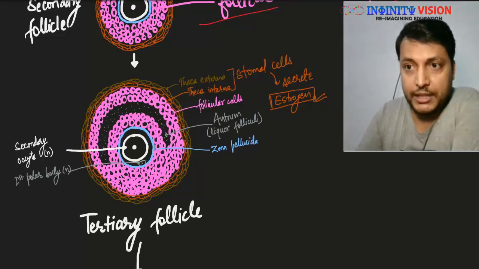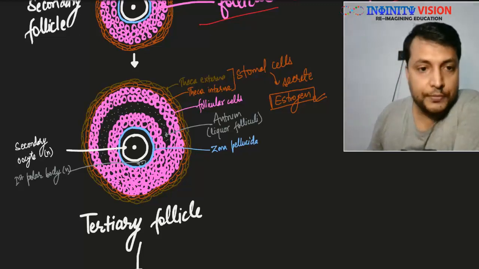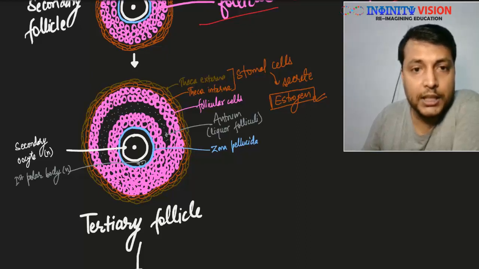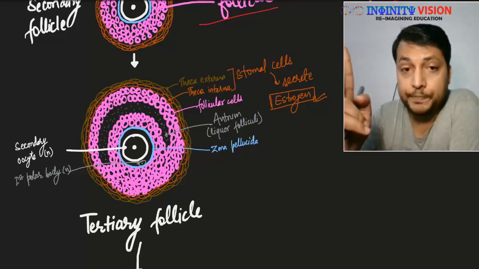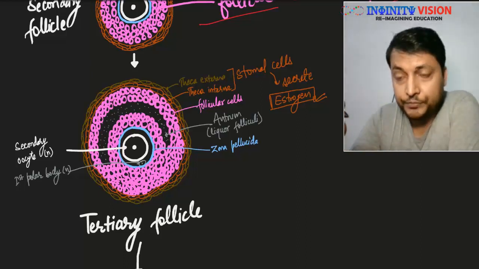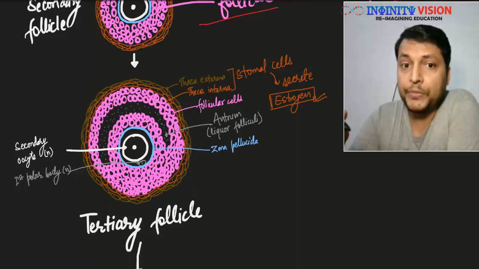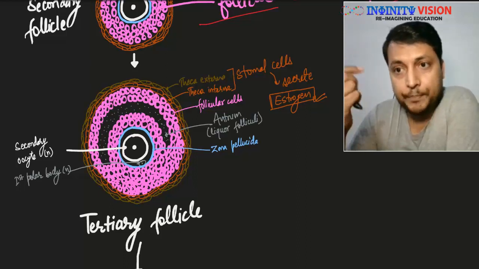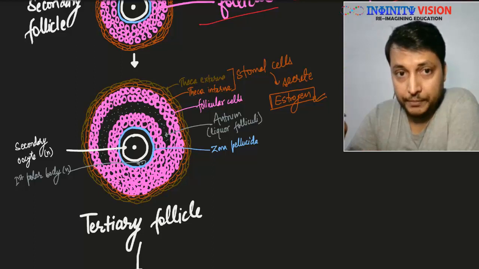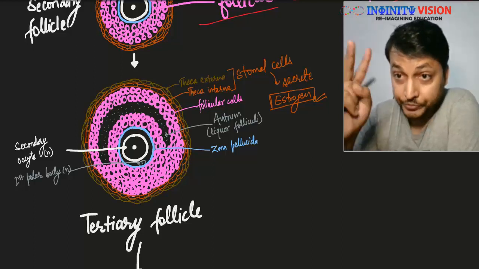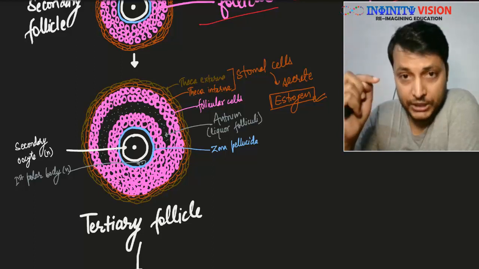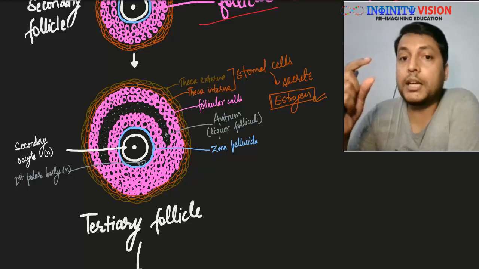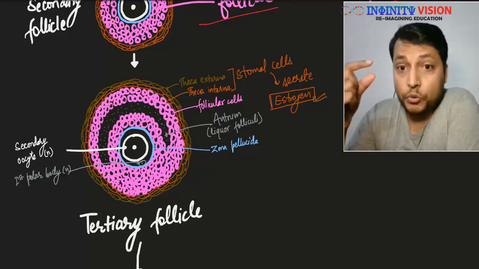Now, what are the changes that happen? In the case of the tertiary follicle, the outer theca gets differentiated into two layers: theca externa, that is external theca, and internal theca called theca interna. So now the theca is differentiated into two distinct layers, theca externa and theca interna, and both of these are formed of stromal cells.